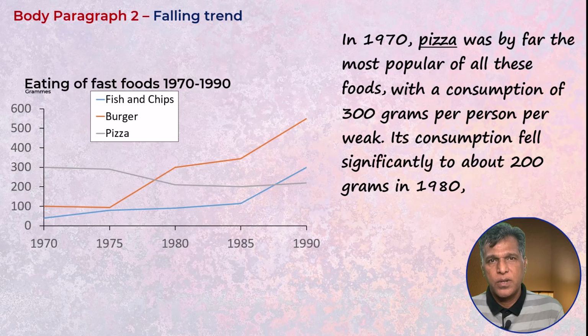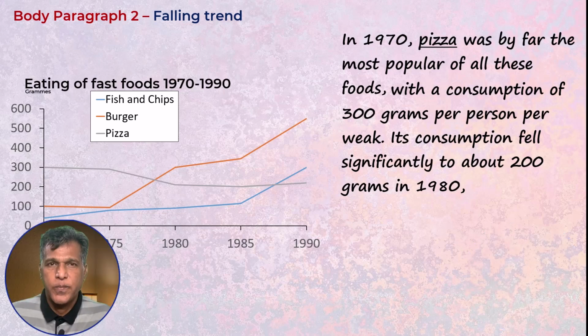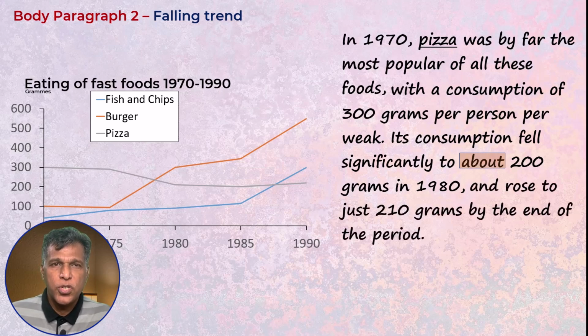Its consumption fell significantly to about 200 grams in 1980. I used about because I'm not sure if it was exactly 200 grams. End value. And rose to just 210 grams by the end of the period.